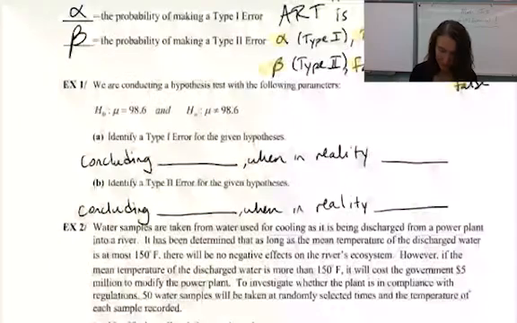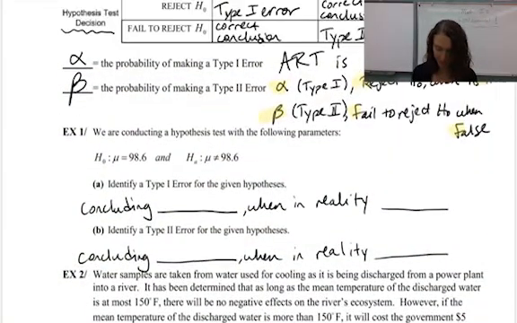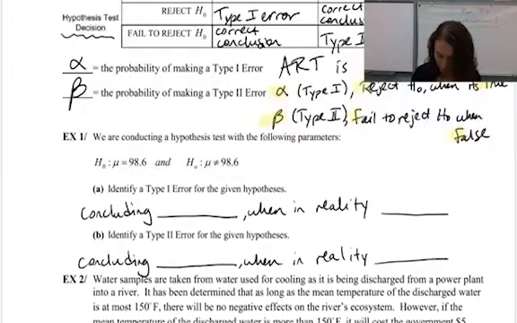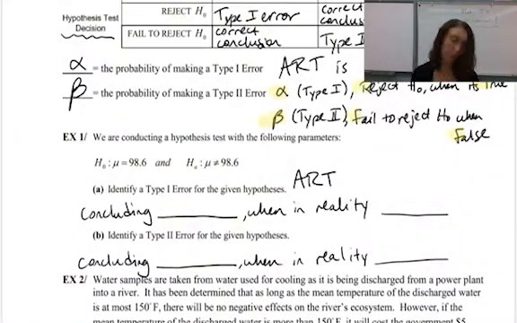All right, so let's look at example 1. We are conducting a hypothesis test with the following parameters. H naught is that mu is 98.6. Alternate, HA, is that mu is not equal to 98.6. A type 1 error would be concluding, so remember, type 1, ART. We're going to reject the null when the null was actually true.